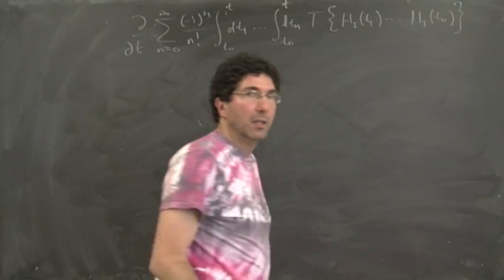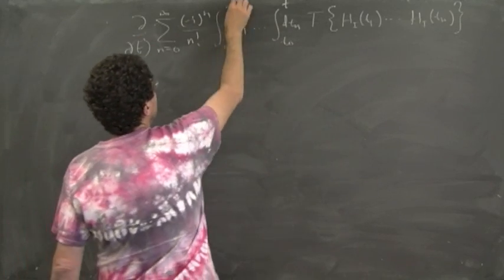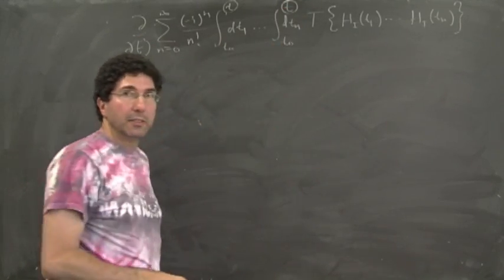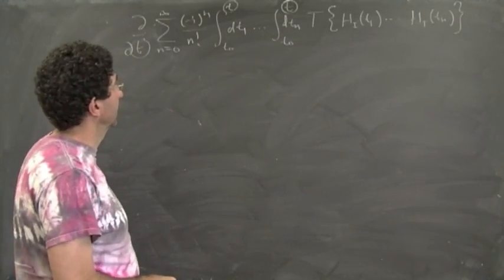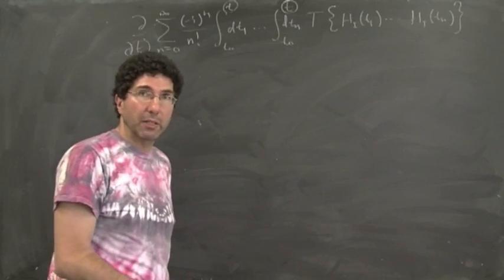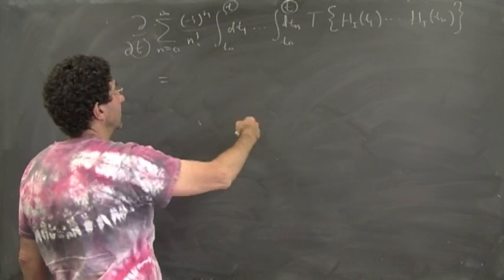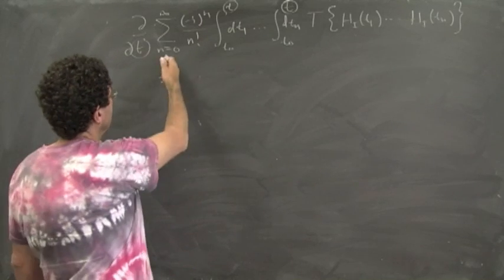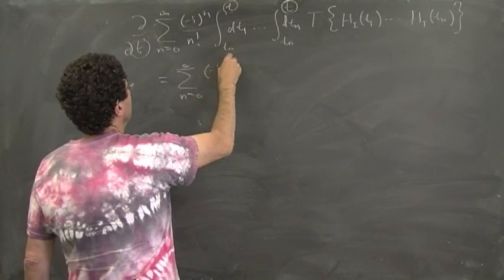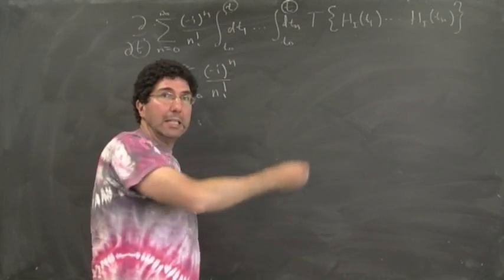So what does this time derivative do? It hits each of these times that are here on the limits of integration. These integration variables are just dummy variables. And so what happens? We're going to get n terms, because for each of these, with n equals 0 to infinity, minus i to the n over n factorial, we will get n terms.